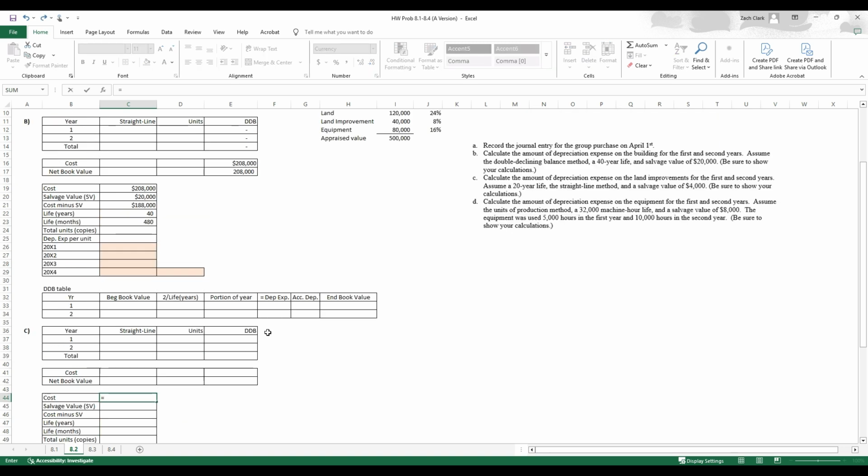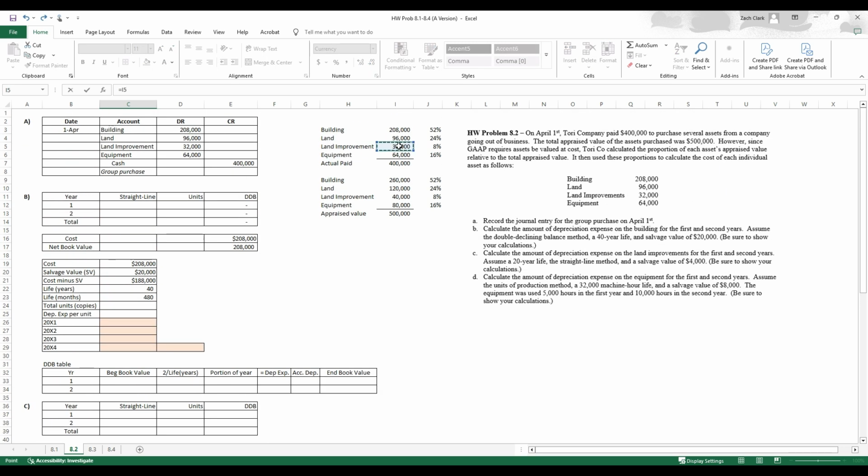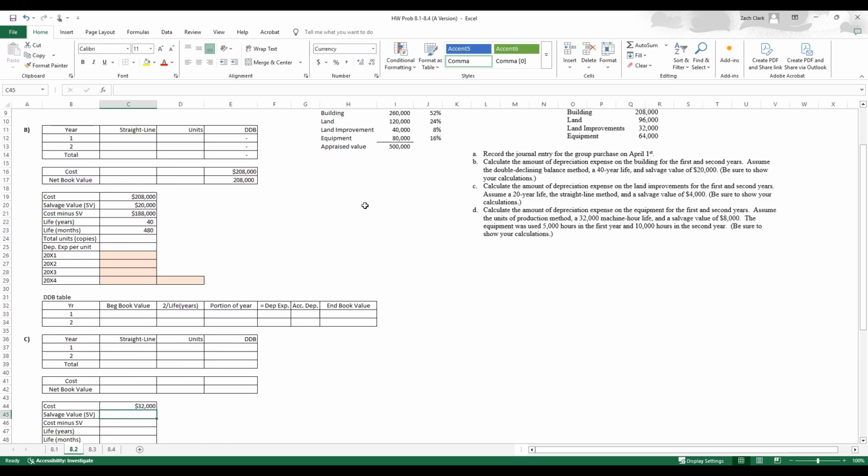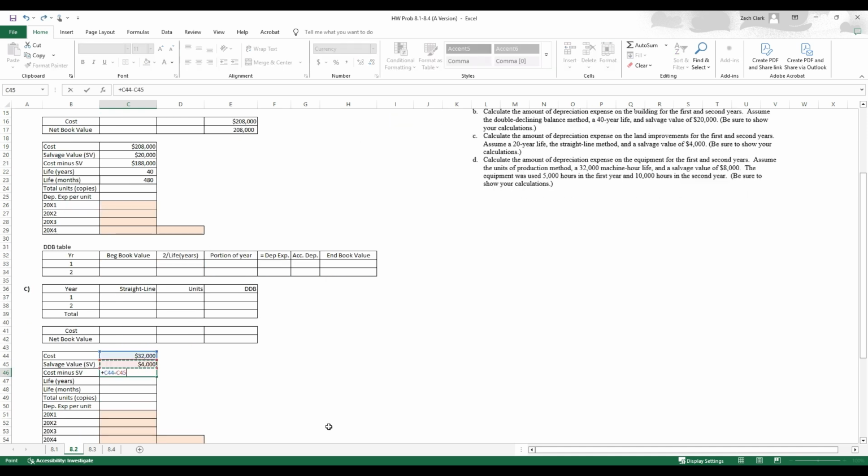So the cost of the land improvements then is $32,000. Salvage value for the land improvements, it tells us here, is $4,000. So then our cost minus our salvage value is $28,000. The life is 20 years.